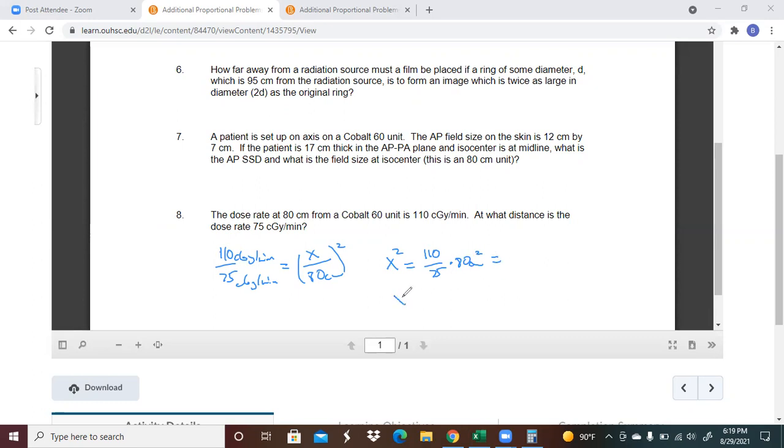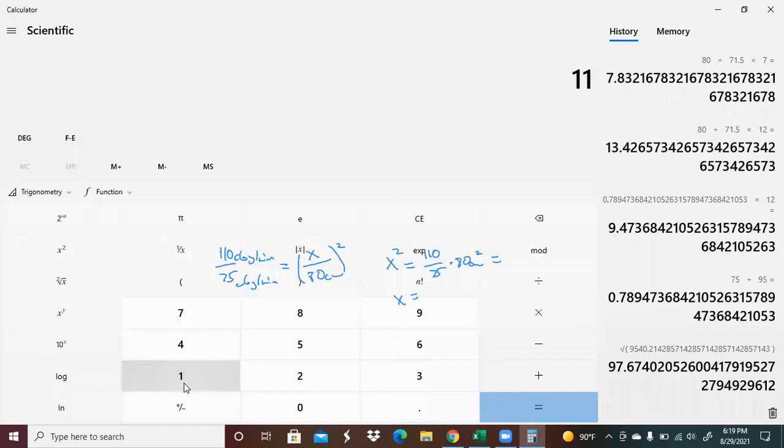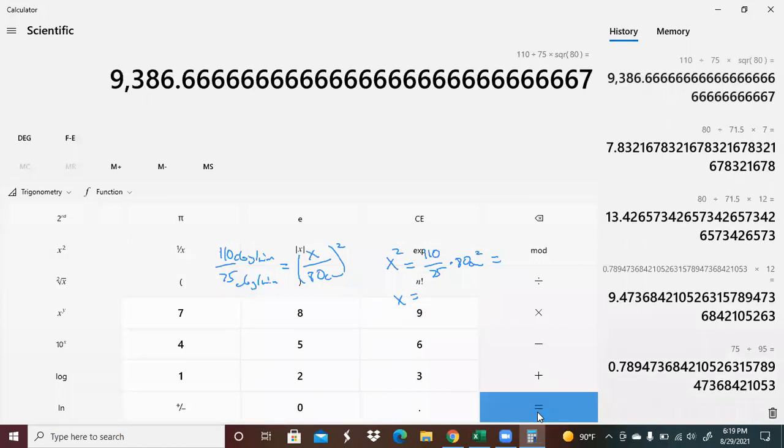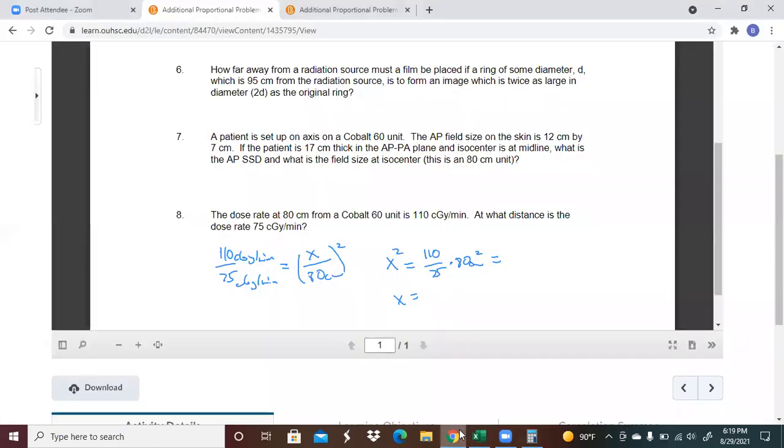Not exactly sure what that's equal to, but we'll go through those here on the calculator. 110 divided by 75 times 80 squared is equal to that. Now, to find x, I have to take the square root of that. So I end up with 96.88.